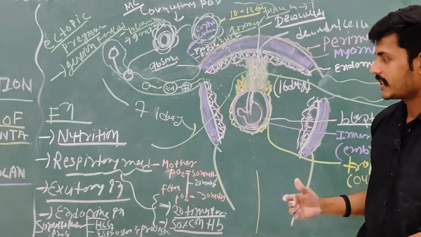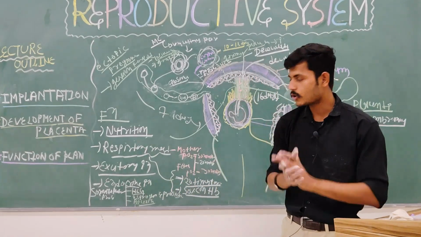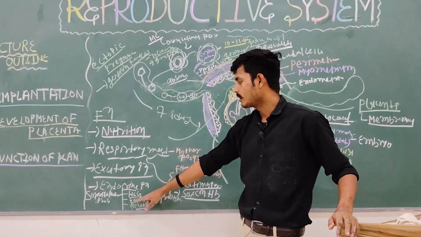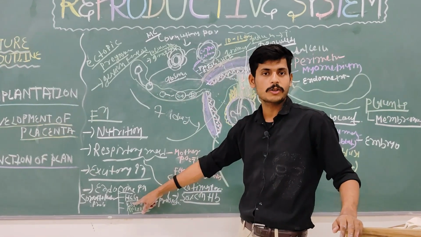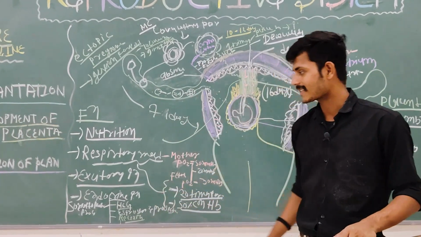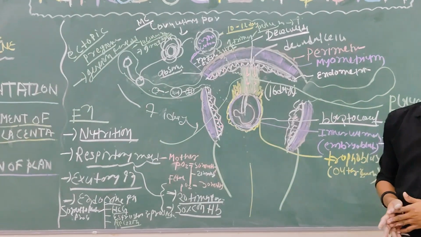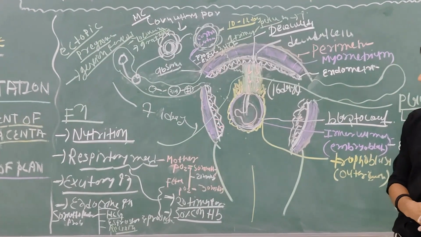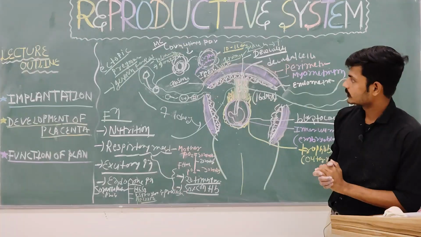Then there are excretory and endocrine functions. The endocrine function includes the HCG hormone, human chorionic gonadotropin, then estrogen, progesterone, relaxin, and somatostatin. So these are some of the hormones.